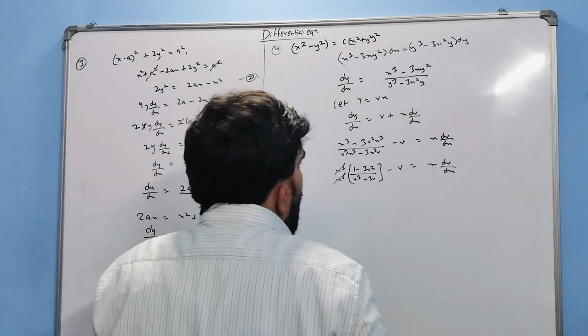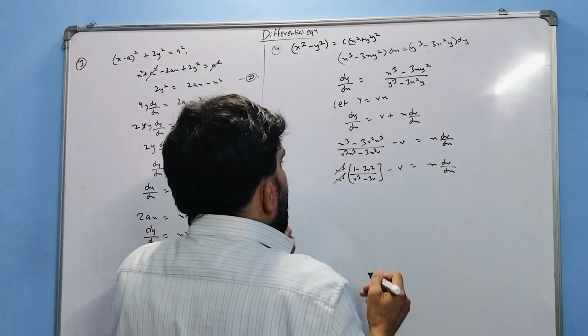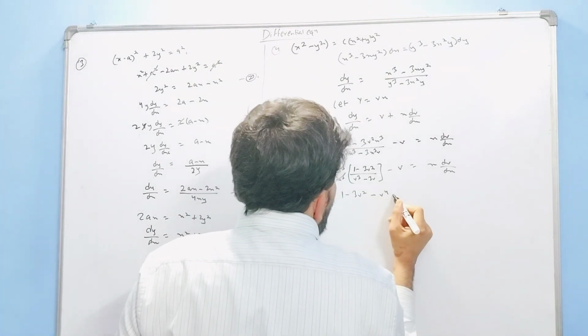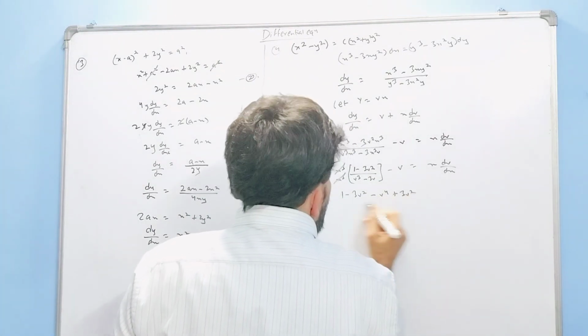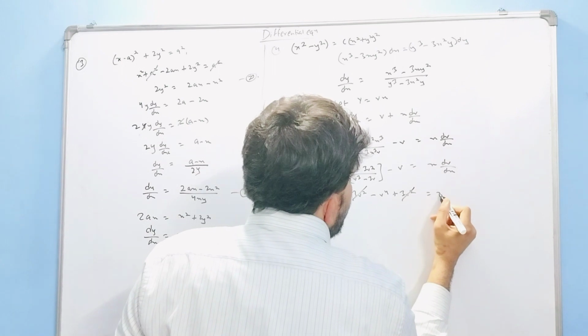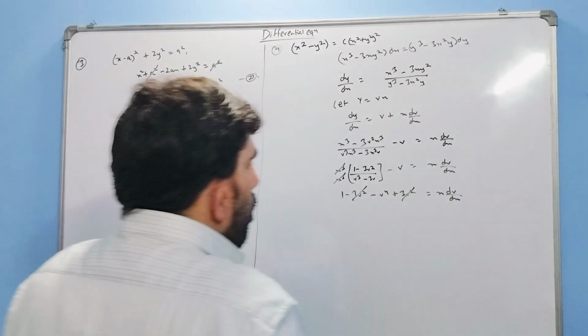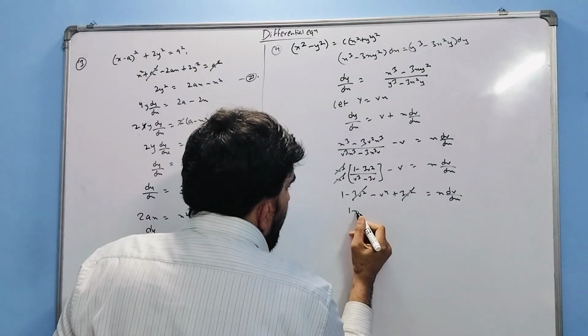So we have 1 minus 3v square minus v to the power 4 plus 3v square, so I got this x dv upon dx. So what I got here is 1 minus v to the power 4.